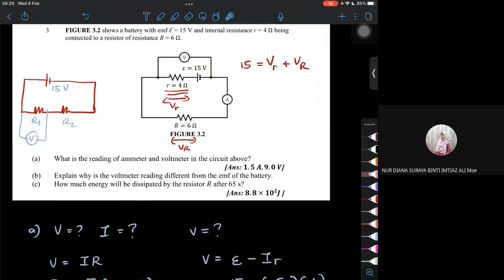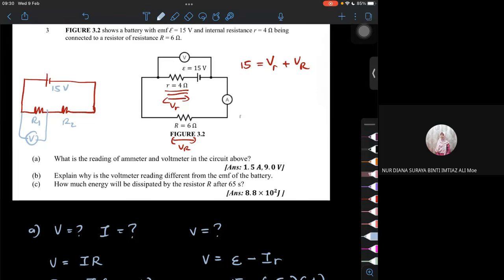So basically 15 dekat sini, 9 kan, basically dekat sini adalah 6 sepatutnya. That's why 15 tolak 9, kamu akan dapat 6 kan, 15 tolak 9 dapat 6. Boleh faham tak tu?